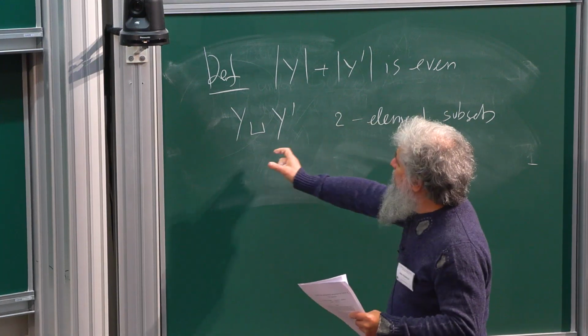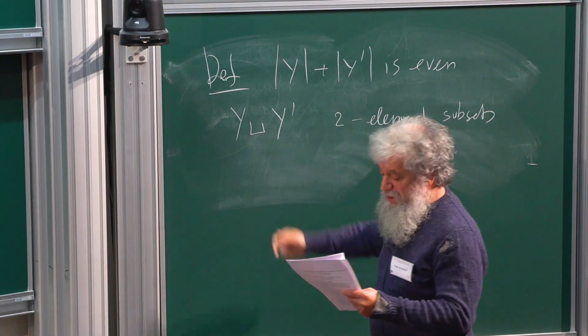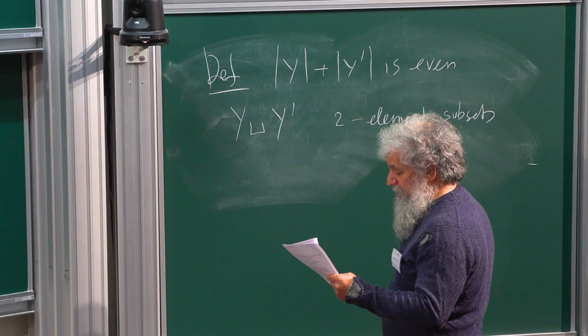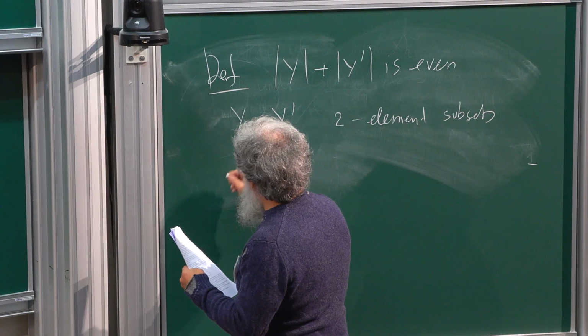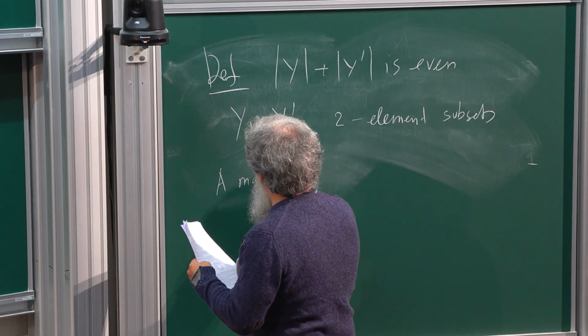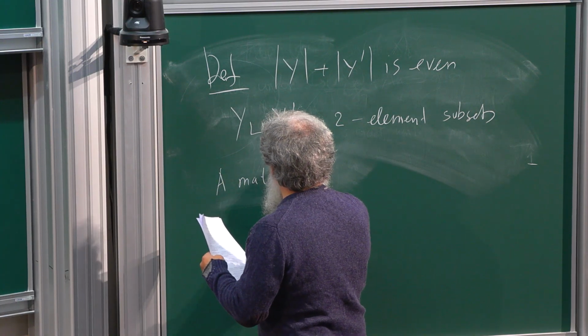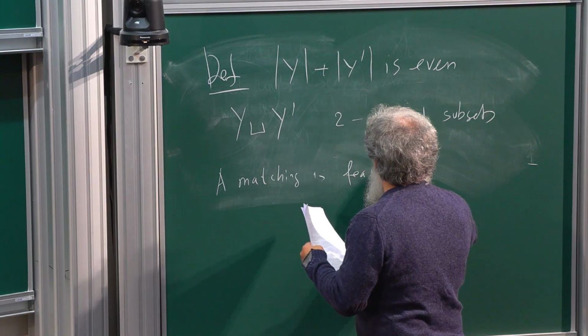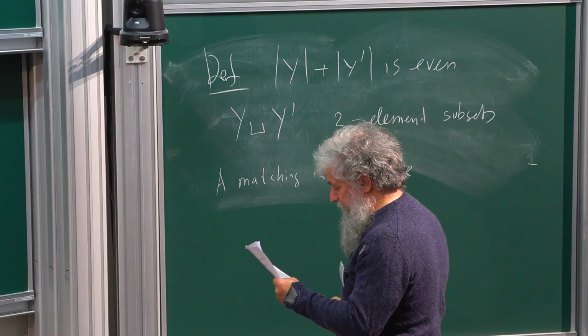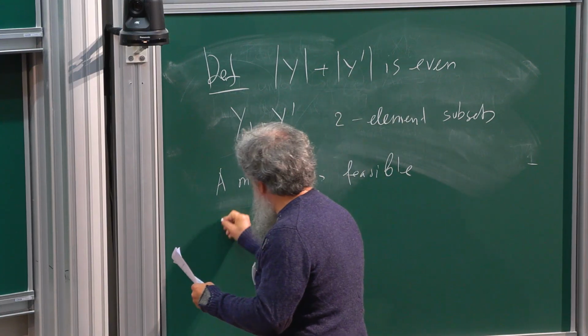So we will get a matching of this set, but now we say that the matching is feasible if the following two conditions hold.